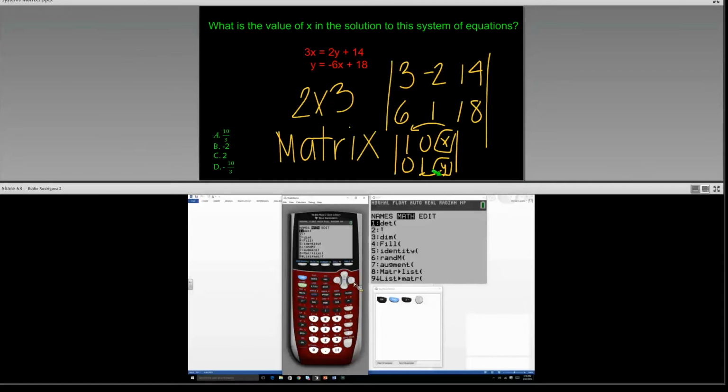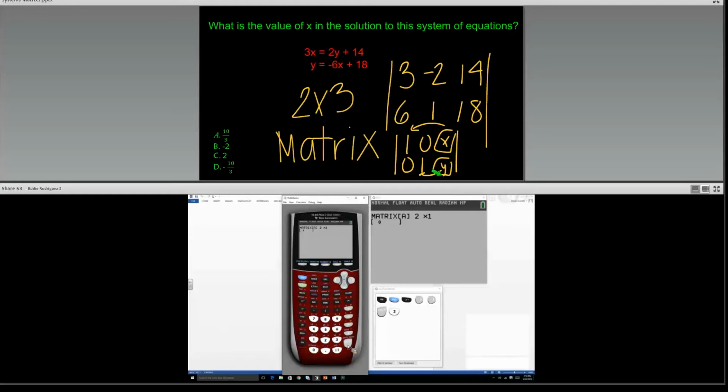We're going to hit enter. And here we're going to input 2, enter, 3, enter. See, this setup is similar to what we just wrote.